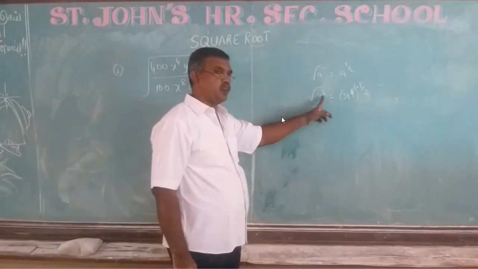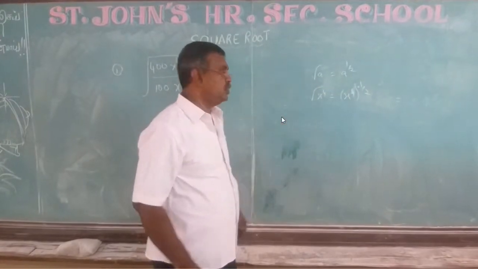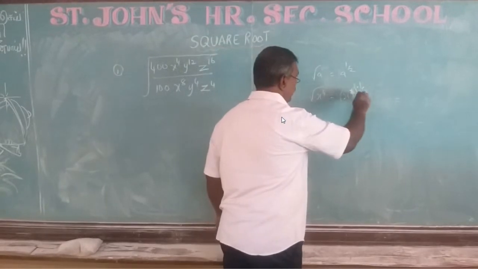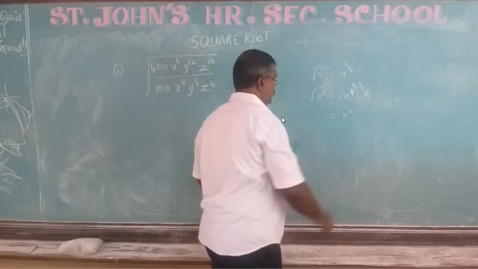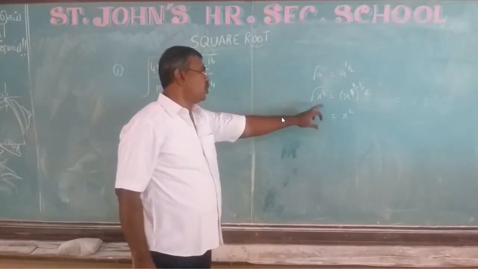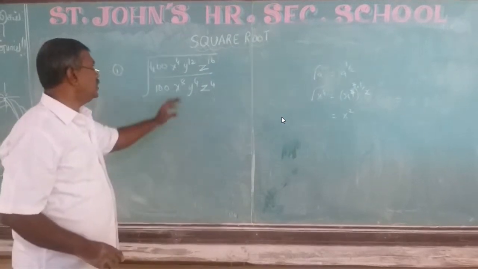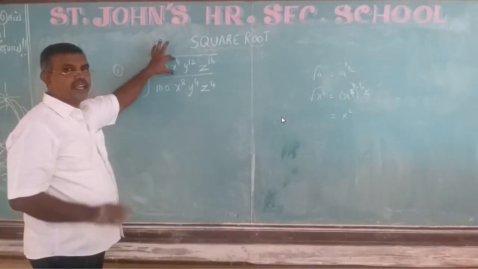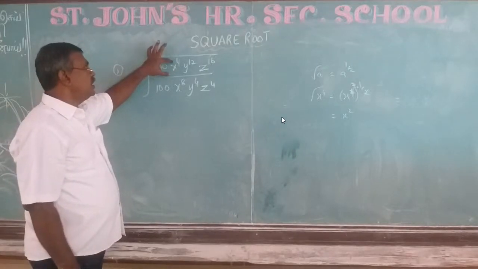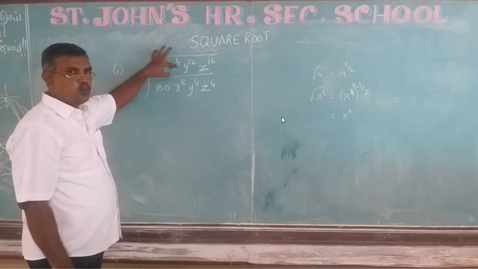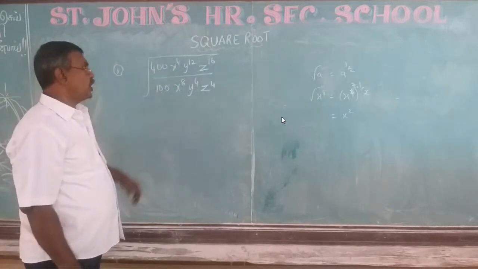Square root of x power 4 is equal to x power 4 the whole power half. We cut the power, that is x square. Therefore, square root of x power 4 equal to x square. We can easily understand the power, we take the half power. Square root means we divide the power by 2. Then only we get the square root.